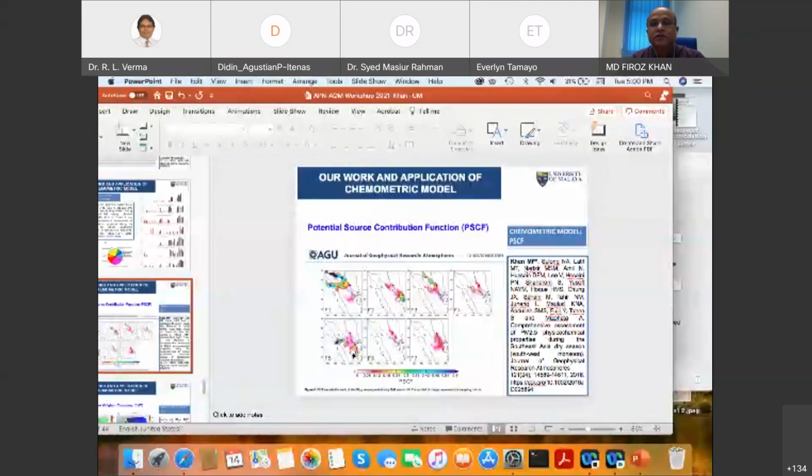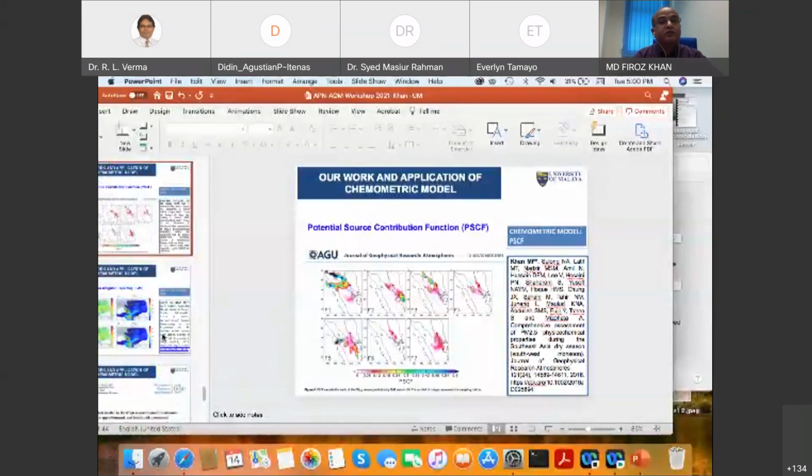And at the time we collected the samples, maybe Dr. Didin can also explain better that in the Sumatra region, there is often biomass burning, forest fire, right? So it is logical that this kind of visualization can help us know the source region and how it is impacting our pollutant.